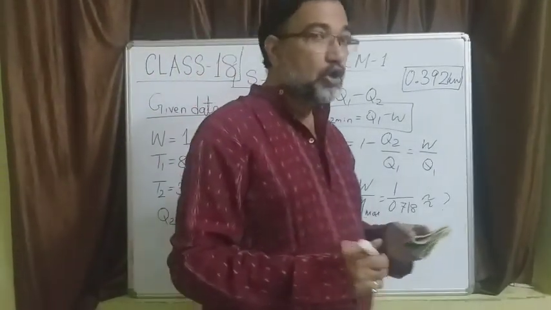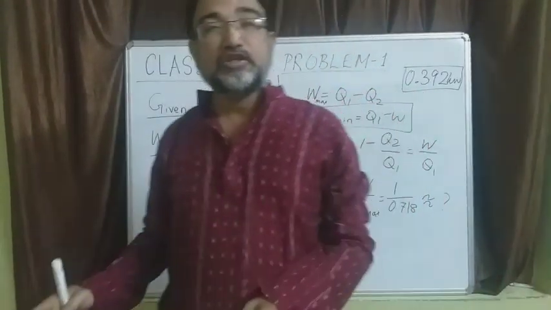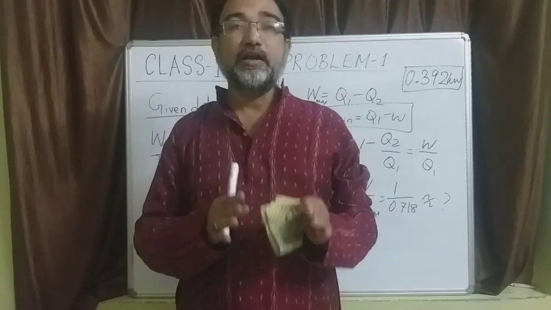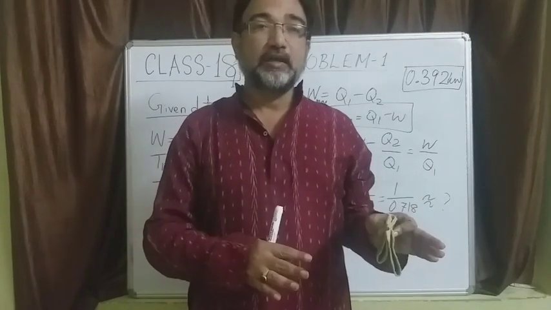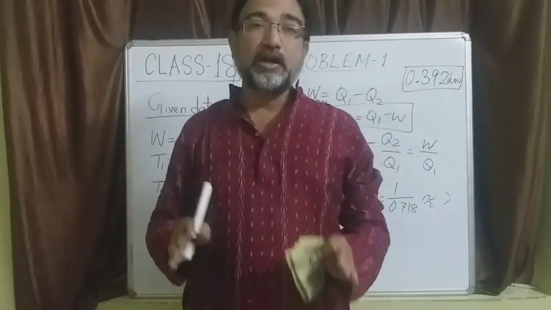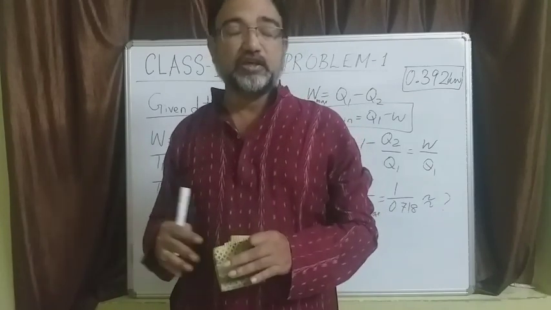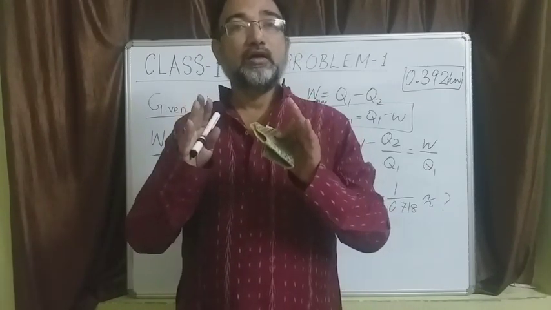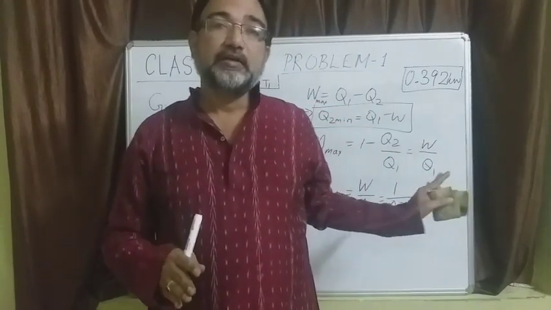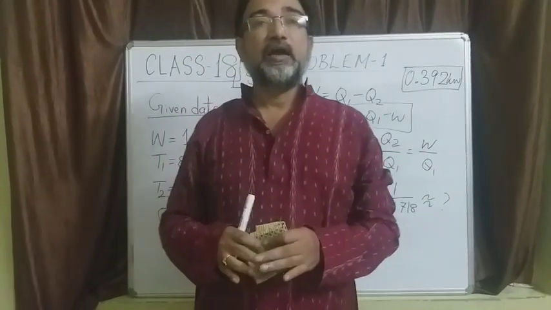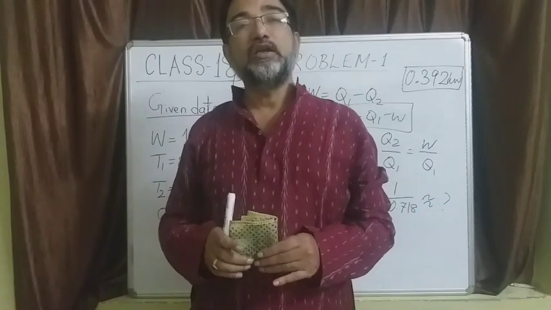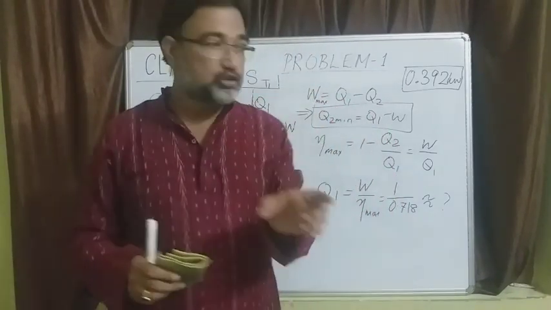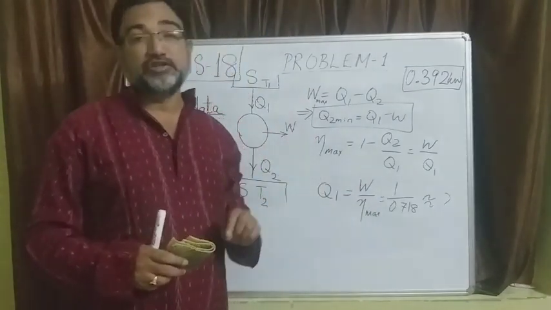And here, although the heat transfer terms Q1 and Q2 are not given to us, still we could find its efficiency using the terms T1 and T2, of course converted to Kelvin scale, because we confirmed that this is a Carnot cycle problem. And how did we do that? We identified it as a Carnot cycle problem because of one phrase, that is least rate of heat rejection.